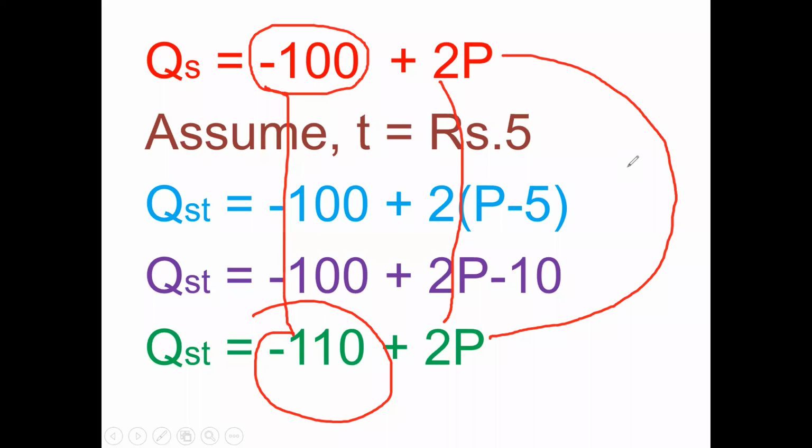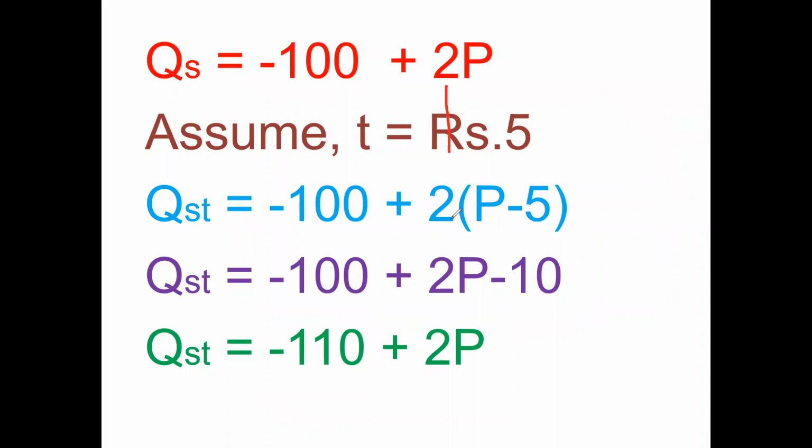That means the curves are parallel. Right? You can check your answer to a question like this. Always check the equation: the slope cannot change, the intercept must change. That's how we can build up the supply equation after the tax.